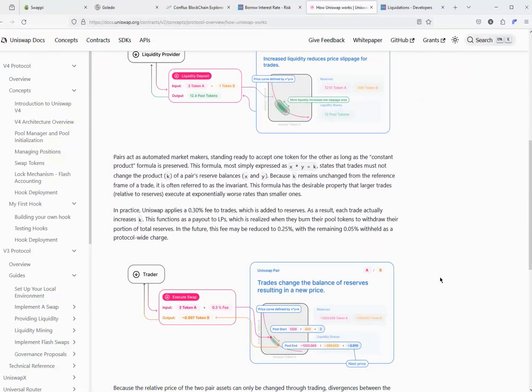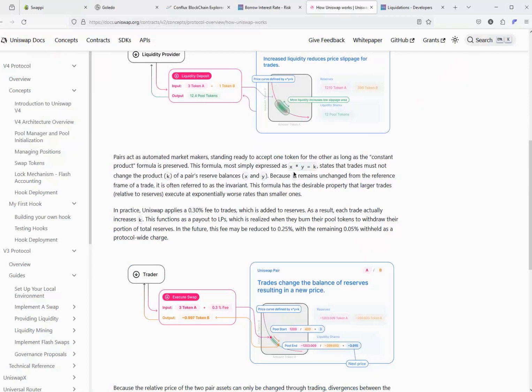So the formula represents that whenever a trade happens, or we say a swap happens, the remaining balance of token A times the remaining balance of token B, its multiplication, should be the constant.